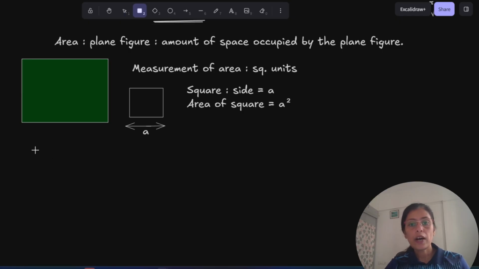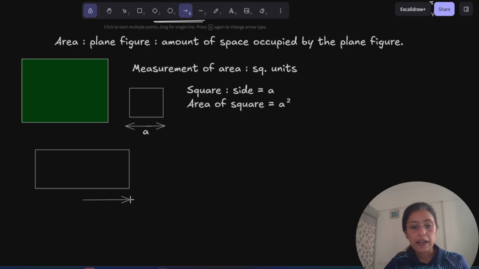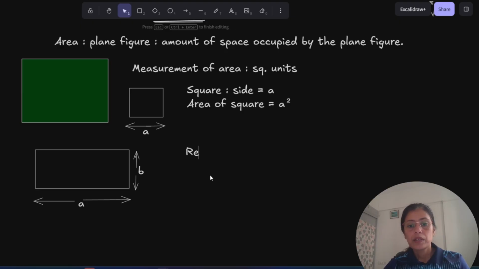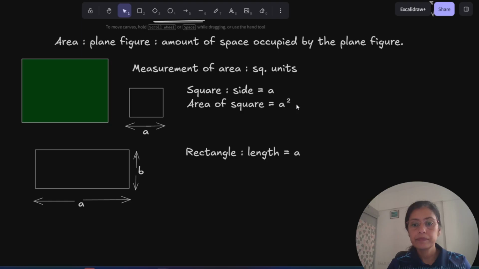Similarly, you have a rectangle. For a rectangle, for example, I'll consider the length of the rectangle as A and the width is B. Okay, so this length is A, this width is B. I missed mentioning the unit here, we should always mention the unit.